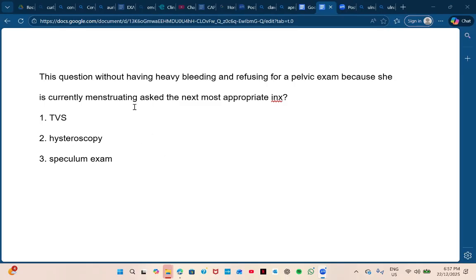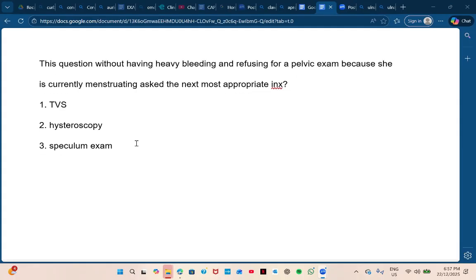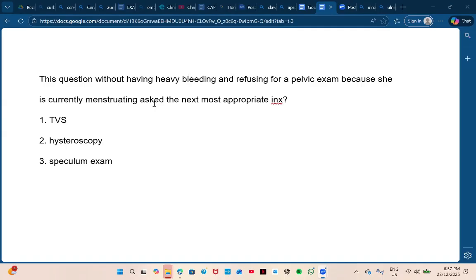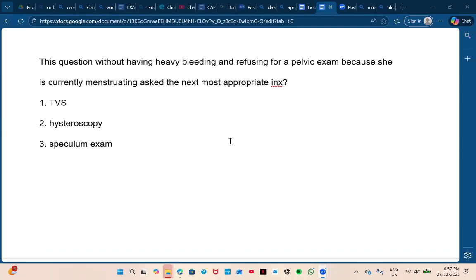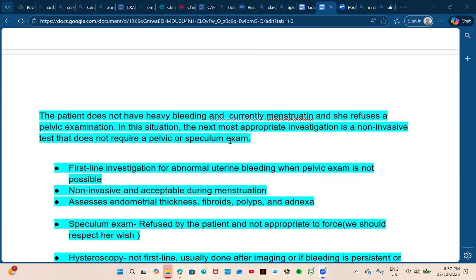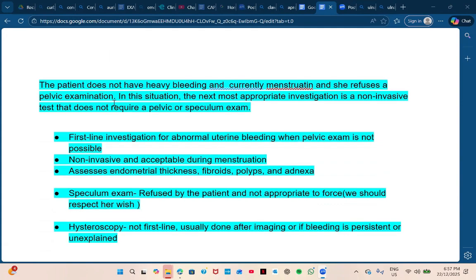So we can easily do the transvaginal ultrasound. If the patient is still menstruating and there's no harm, we can go with TVS. The patient does not have heavy bleeding and is currently menstruating, and she refused the pelvic examination.